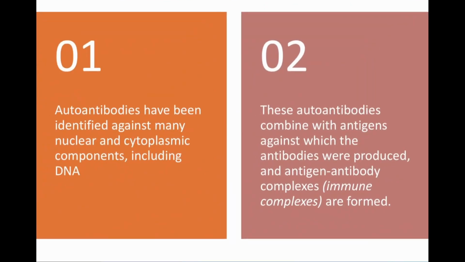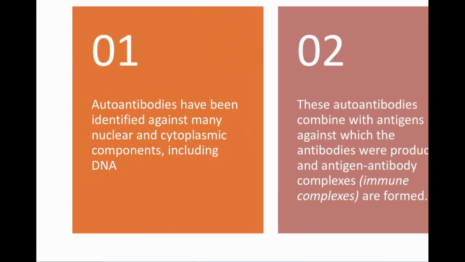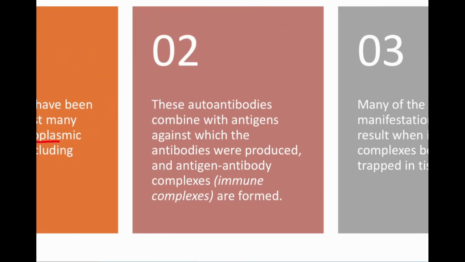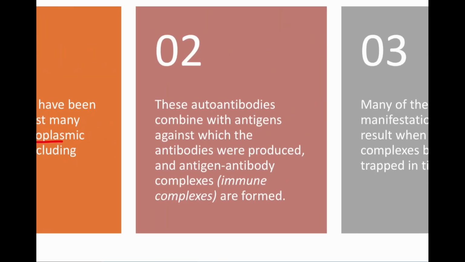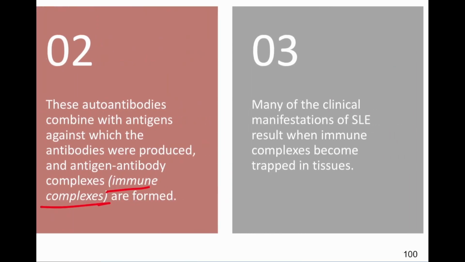So the antibodies that have been made, they identify the nuclear and cytoplasmic components. They know what to do. These autoantibodies combine with the antigens against which the antibodies were produced. And you get these immune complexes. Again, antibody, antigen, they combine.